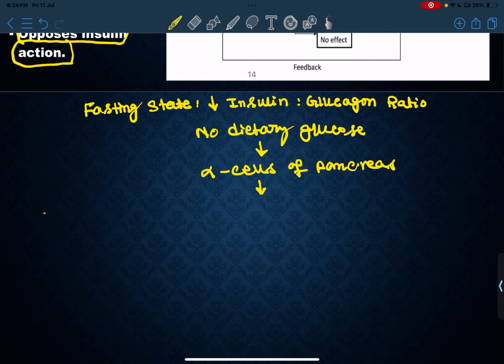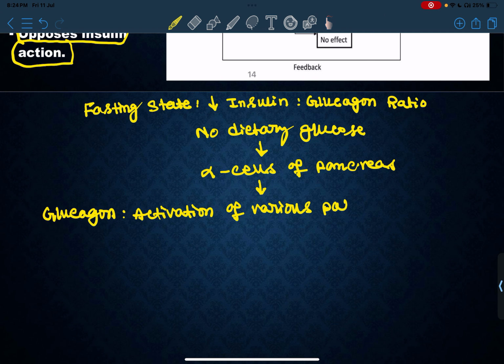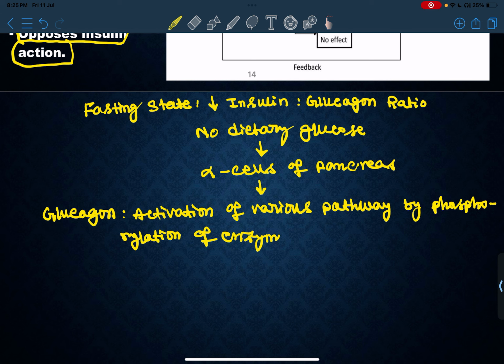So glucagon activates various pathways by phosphorylation of enzymes.